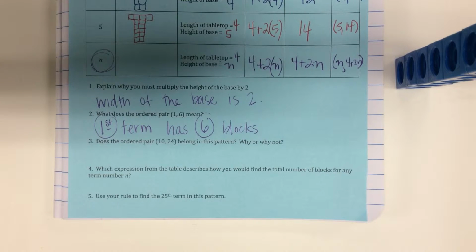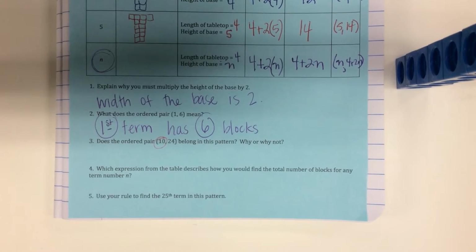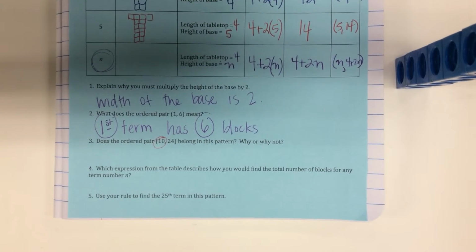Input, output. If I extended the pattern 10 times, would it be 24? Braden, what do you do? I could make a table and put it all the way in there, but that sounds like a lot of work.